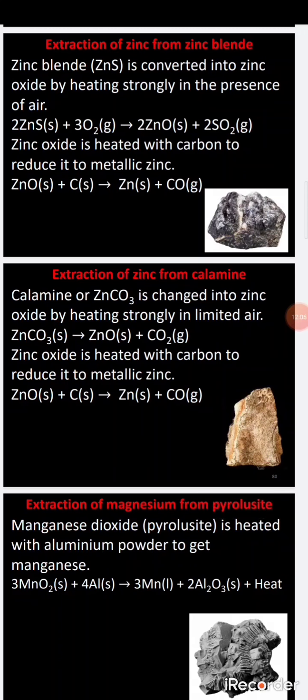Here the carbon we are using is an allotropic form of carbon, that is coke. It acts as a reducing agent. So for the last question, the zinc oxide is reduced to zinc using a suitable reducing agent, here coke. So this is what was asked in the examination for 3 marks.